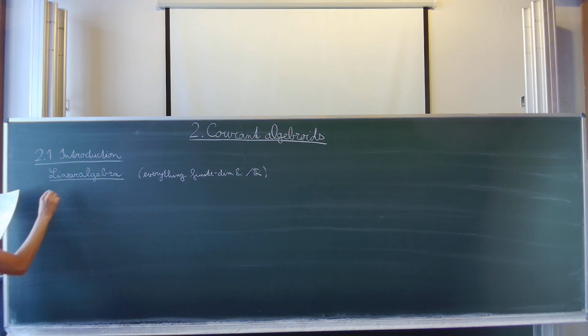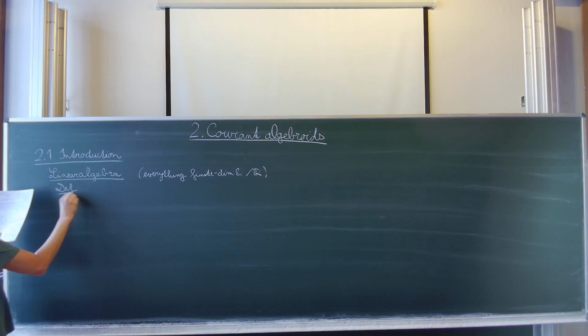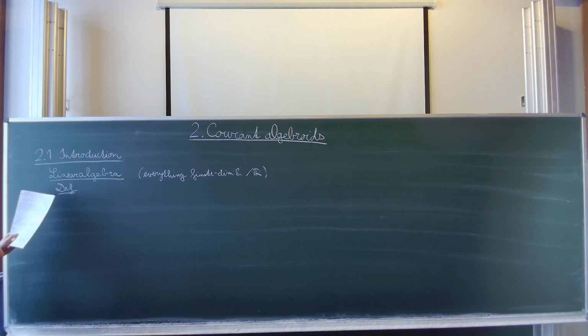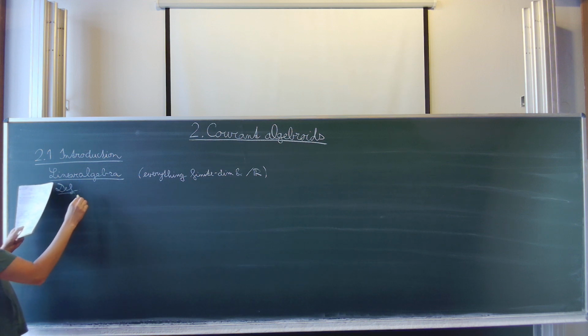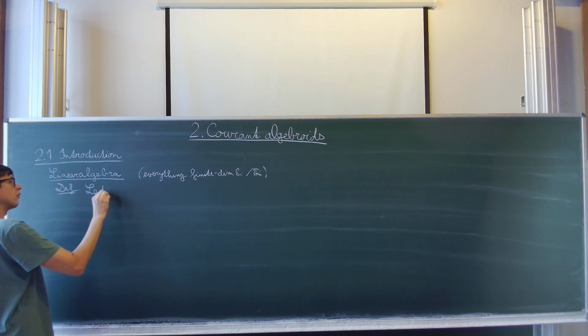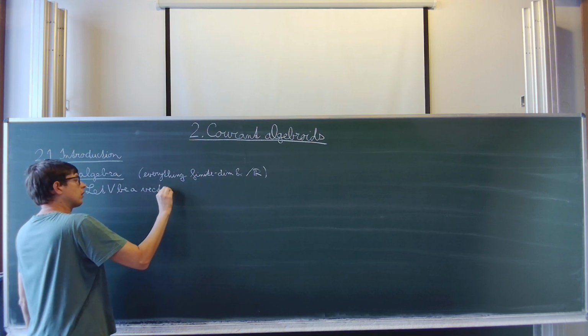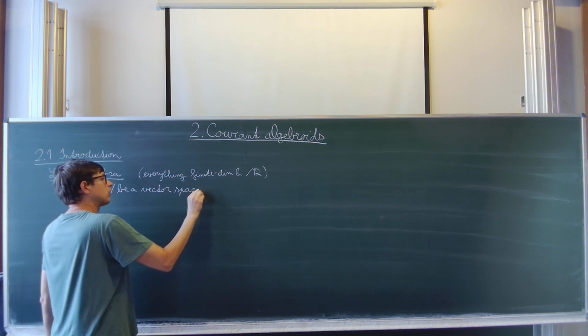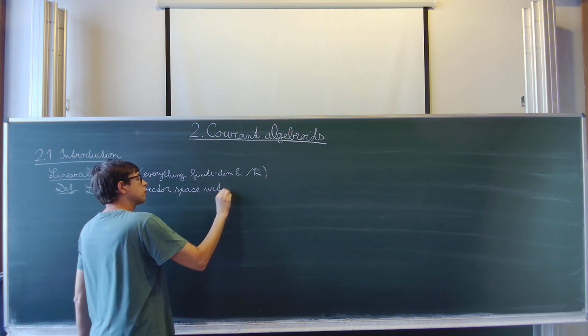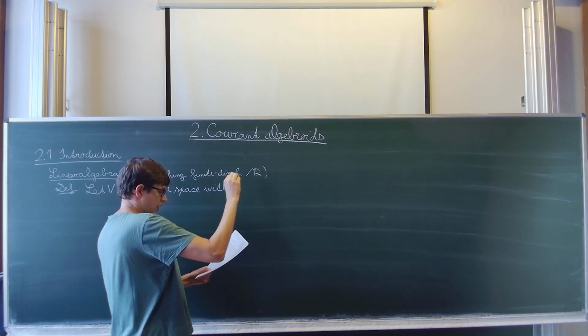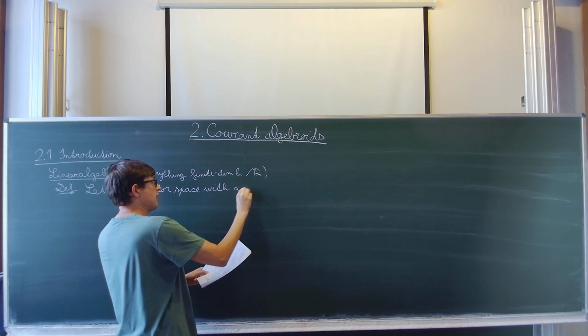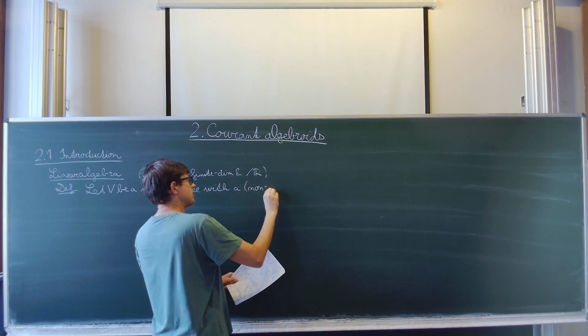So, a very concrete setup. Now let's make a definition which will, in a sense, mimic what we've said about symplectic stuff. Let V be a vector space with inner product, and with an inner product not necessarily positive definite.